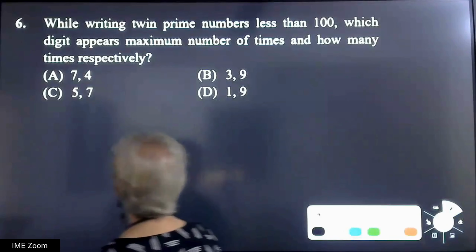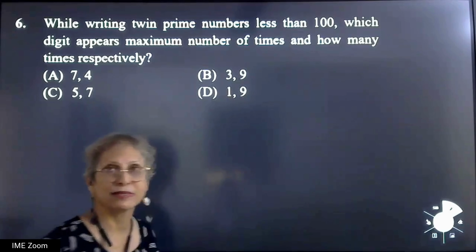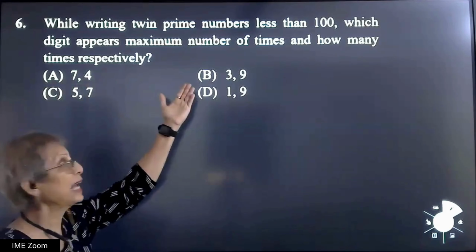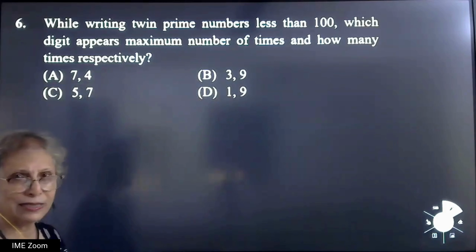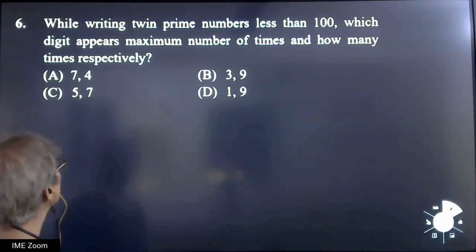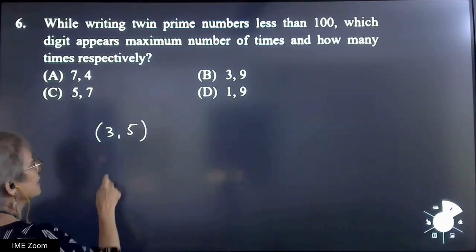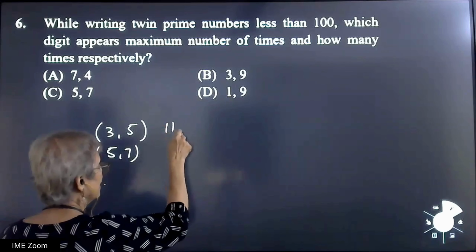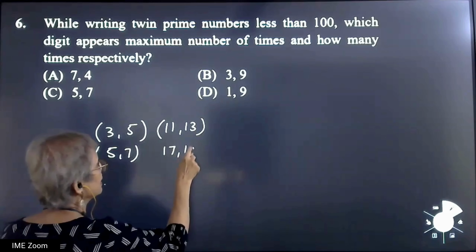While writing twin prime numbers less than 100. Just now we have discussed twin prime numbers. Let us discuss them once again. What we have to find out in this question is which digit appears the maximum number of times and how many times. So let us write all the twin prime numbers. First is 3, 5. Then 5, 7. They are single digit. Then 11, 13. Then 17, 19.